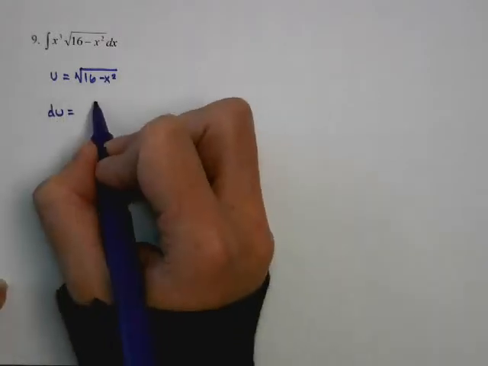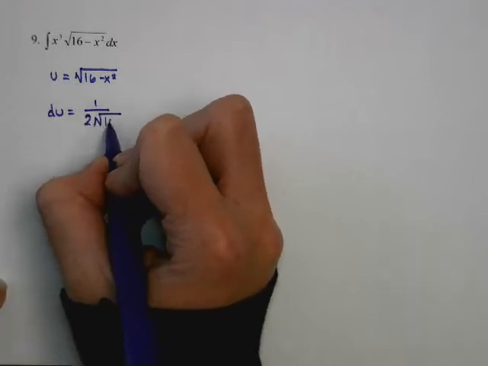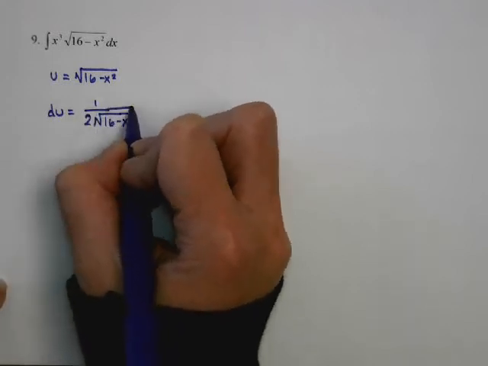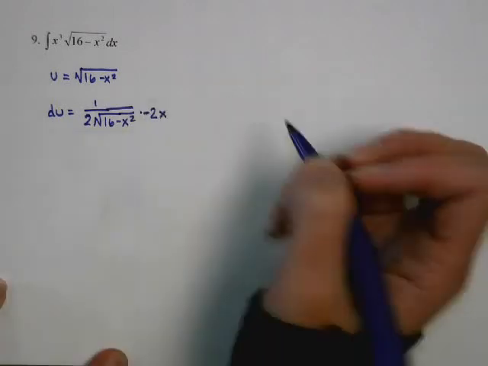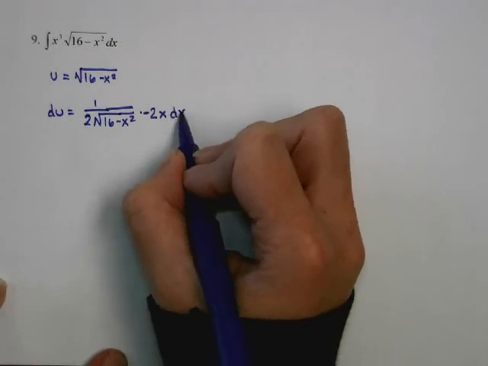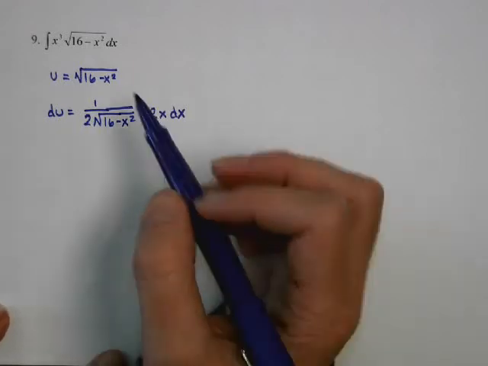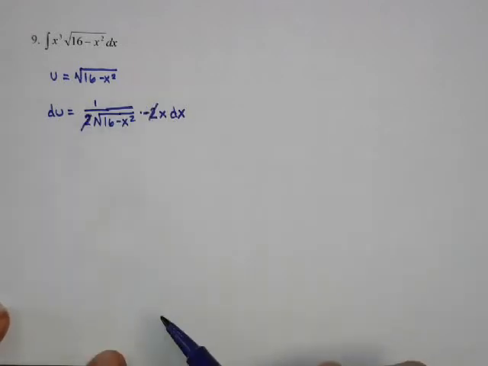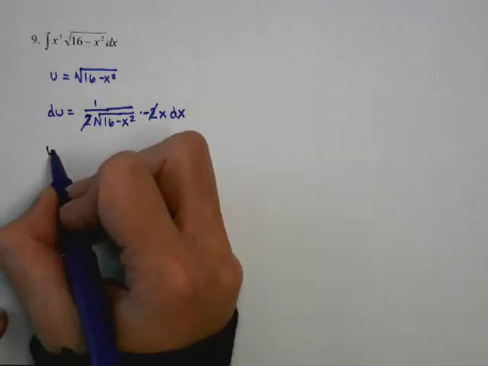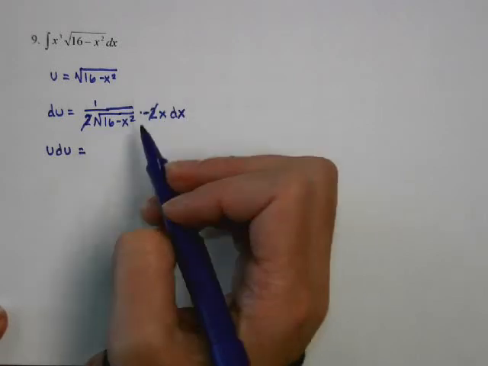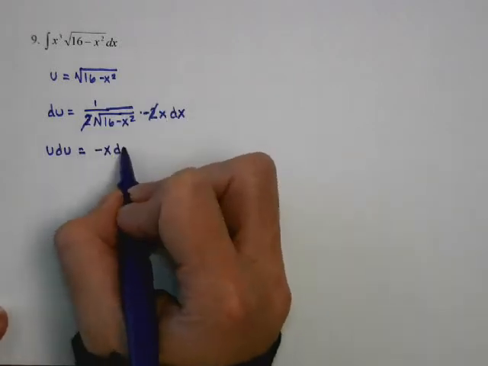Du is going to be 1 over 2 root 16 minus x squared times a negative 2x. All right, so the 2's cancel. So I'm going to multiply, this is u, so we're going to have u du is equal to, so we multiplied that over, I'm left with a negative x dx.